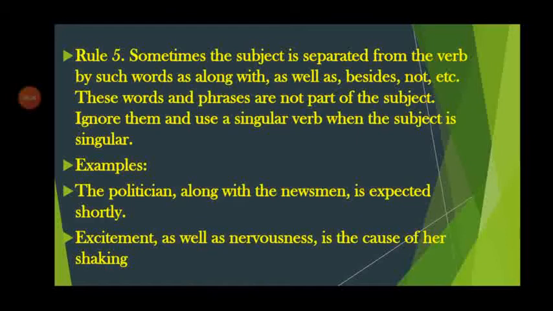For example, the politician along with the newsman is expected shortly. Along with the newsman is the phrase to be ignored, and we consider the politician as the sole subject. Excitement as well as nervousness: when as well as is used, the first subject is always the one treated.